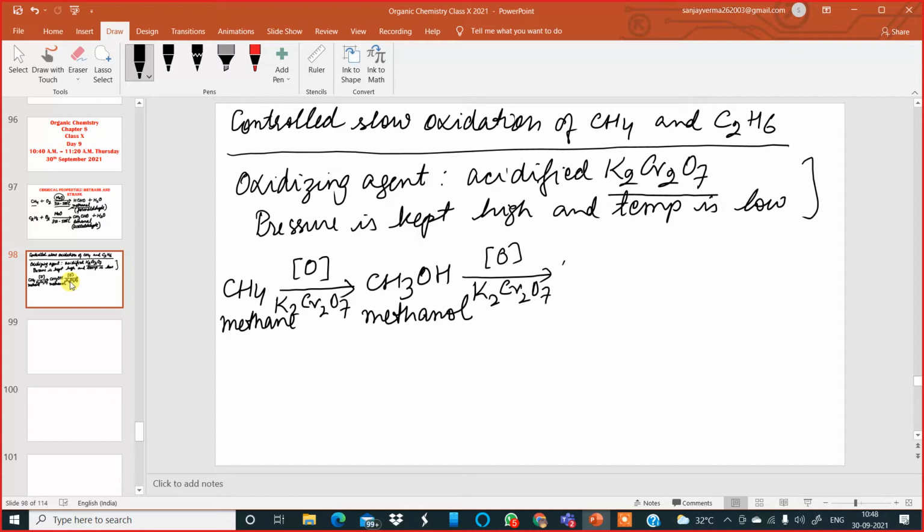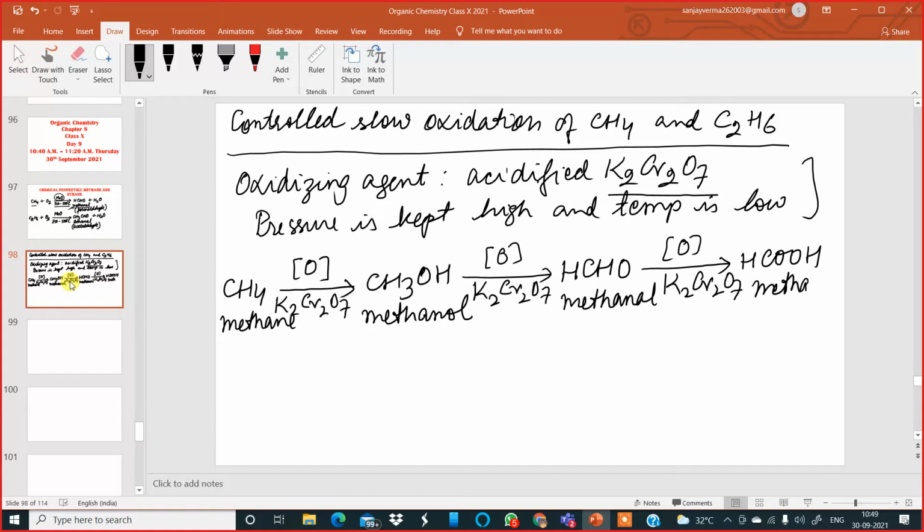It forms methanal. And if you further oxidize methanal in the presence of potassium dichromate, it forms methanoic acid, HCOOH. So this sequence is very, very important.